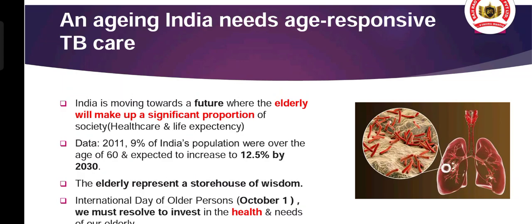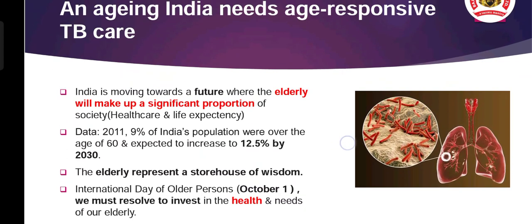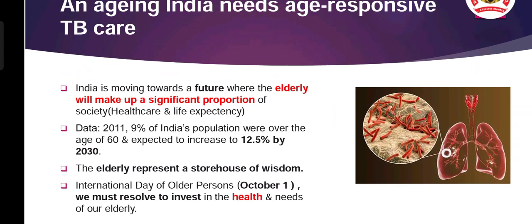But why is the old age population going to rise? Because of many things like healthcare reforms, and people are getting good healthcare, along with better nutrition and all of that, the life expectancy of the people is also increasing. So that's an indication that in the coming future the elderly will have a significant proportion in India and in Indian society.